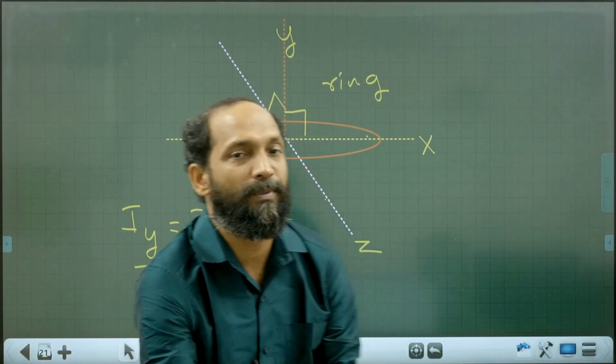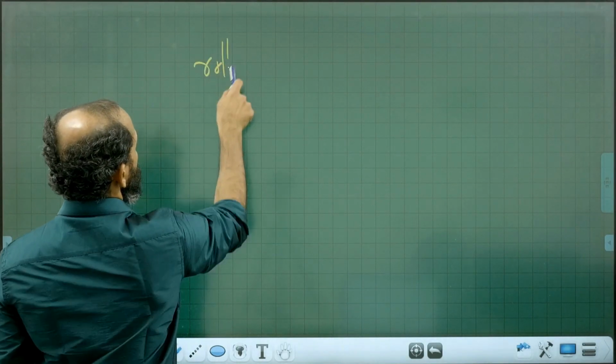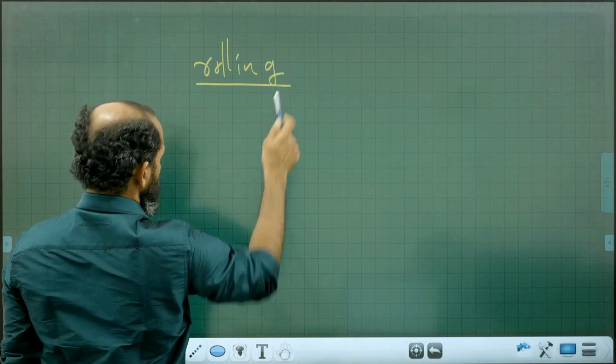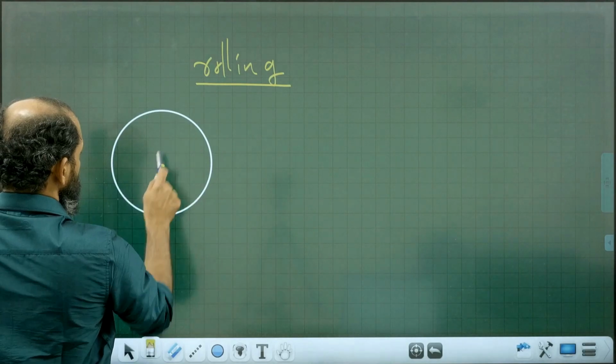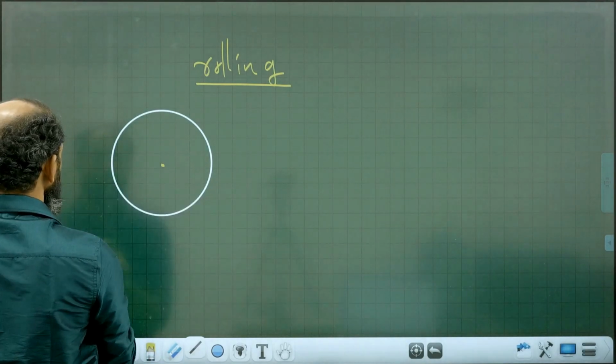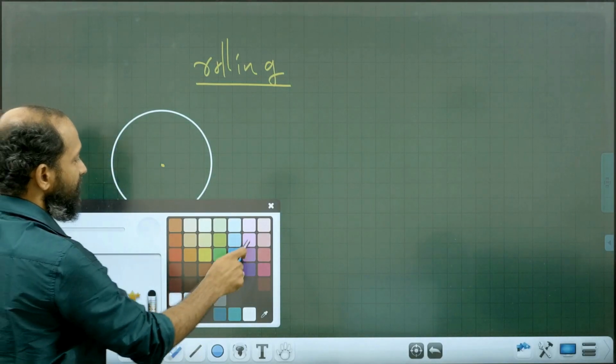Now the last topic of the chapter is rolling. When a body is rolling, the total energy of the rolling body is the sum of translational and rotational energies.